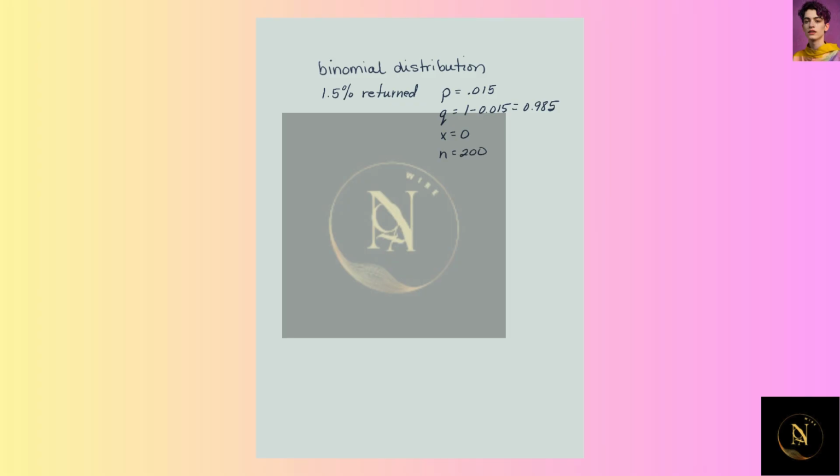So we're going to use our binomial probability formula, which is P of x equals n factorial over n minus x factorial times x factorial, times p to the x times q to the n minus x.